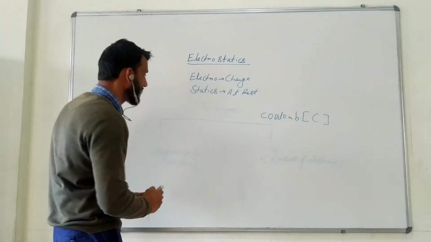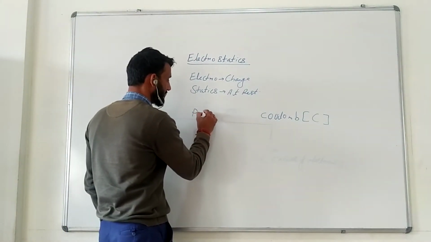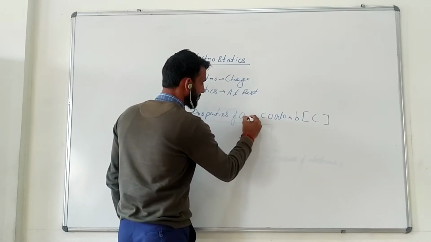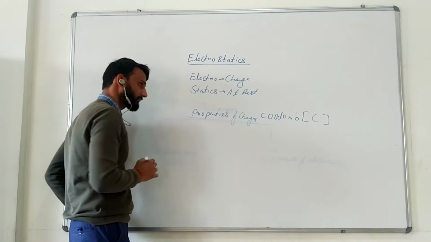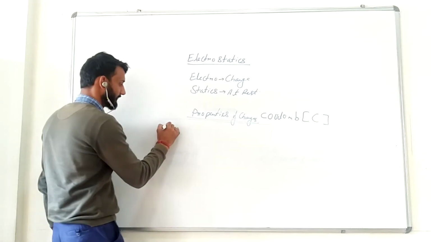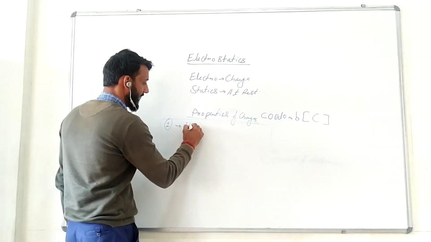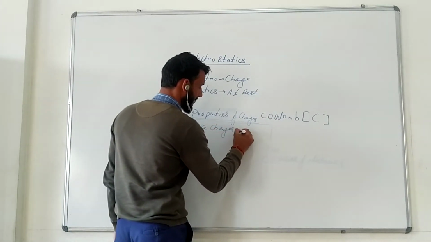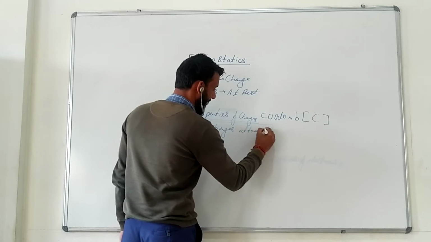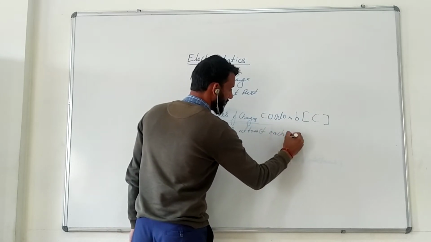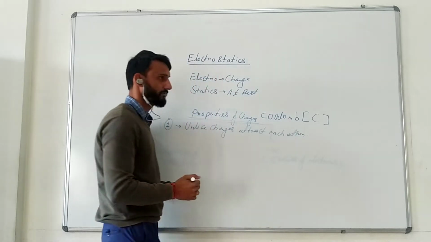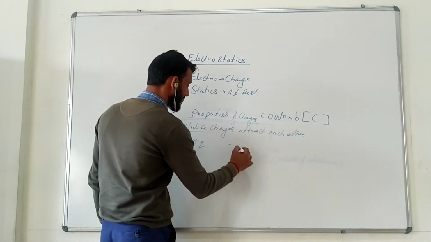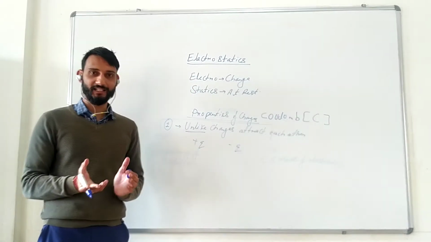Now, what are the properties of charges? There are a few properties of charges which we need to understand. The first property: unlike charges attract each other. Unlike charges means we have a plus charge and a negative charge, so obviously these two will attract each other.